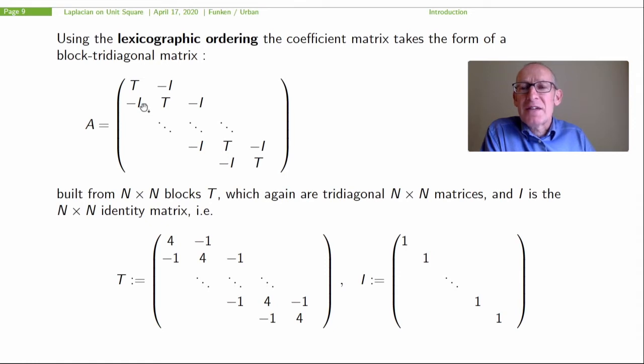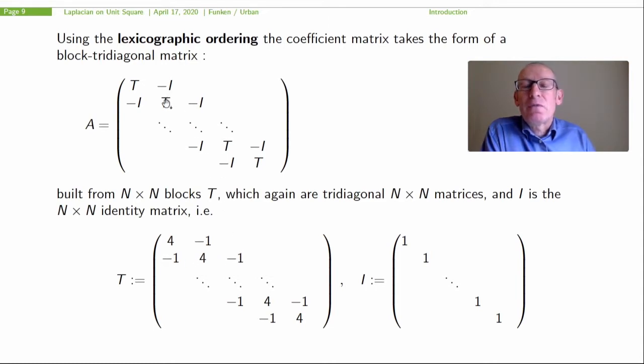Why does it have this structure? Just have in mind the 5-point stencil, then you have the center element or the pivot element, and then you have the left and the right element, which gives a -1 to the left and to the right.